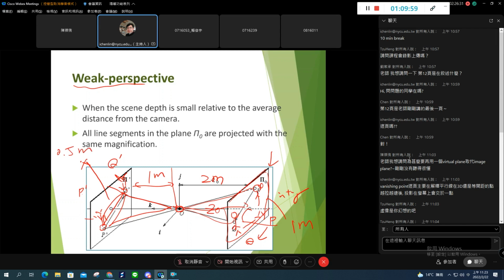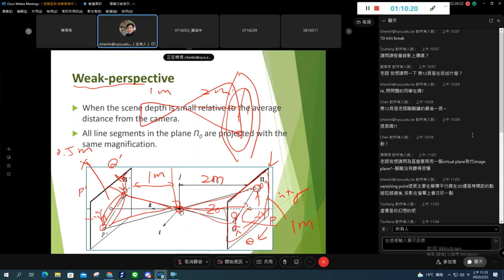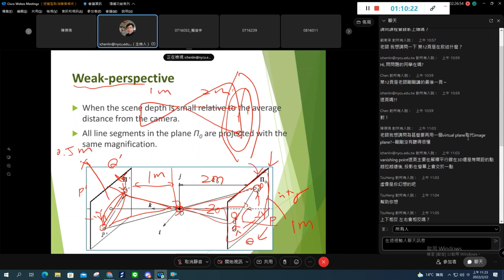meter, right? Just because of the ratio, because our movement here is say 2 meter, and this 1 meter here. So whenever you move some point on the plane, in this model, we assume that your moving object is mostly around a certain distance, say 2 meter here.